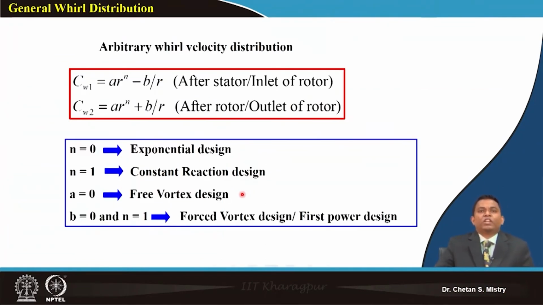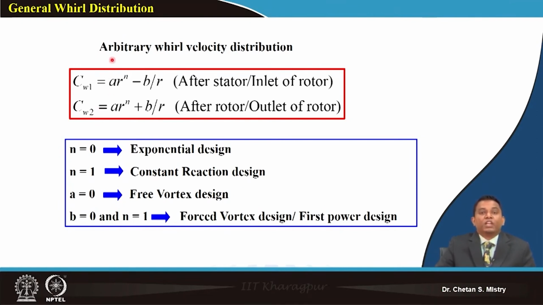So when we say we need to assume our whirl component at the entry and whirl component at the exit, that's what we will be calculating based on assuming degree of reaction. Now throughout the span we need to vary our whirl component at the entry as well as the exit. So what we have learned in week 3, we have certain possibilities.